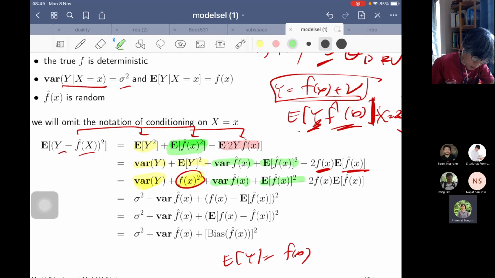The remaining term follows the same way: the variance of y plus f(x) squared, where the variance of y is sigma square. Now take a look at these terms.